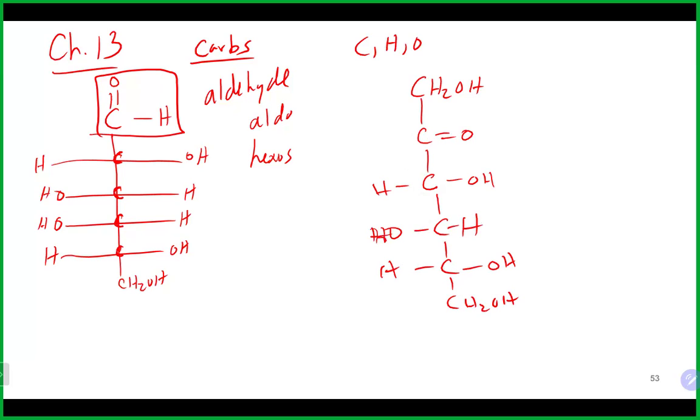And once again, this is really our ketone group, just like we saw in organic chemistry. Our 3 carbons in a row with our double bonded oxygen there in the middle. And that's going to be a keto, or a ketose. And again, you could classify it based on the number of carbons.